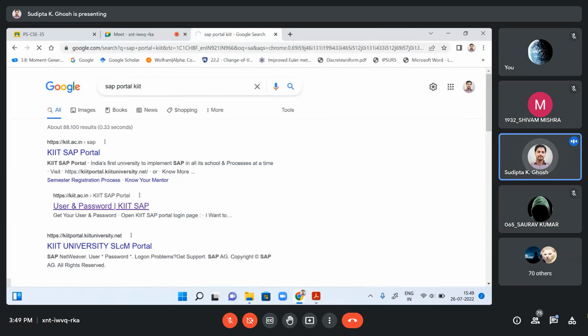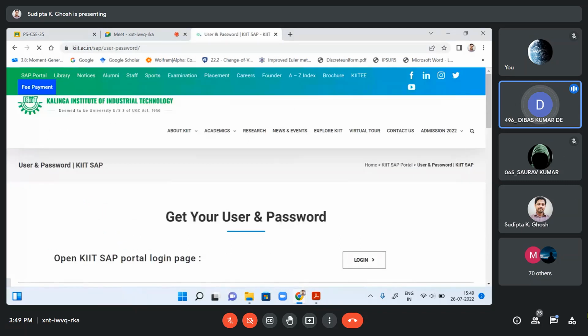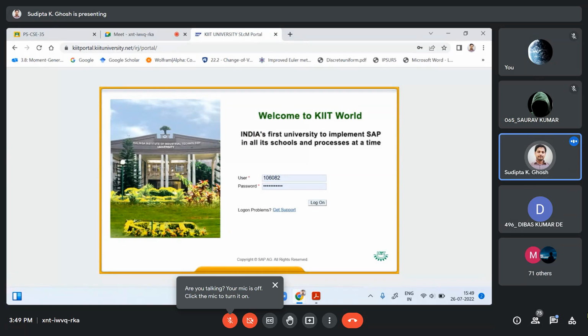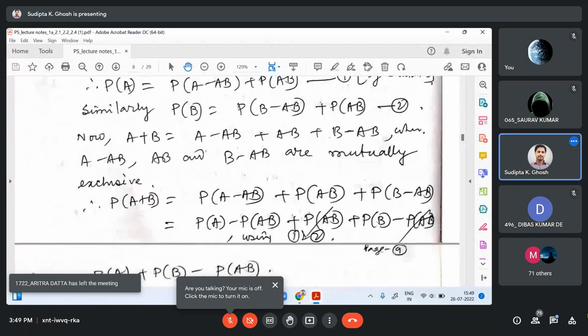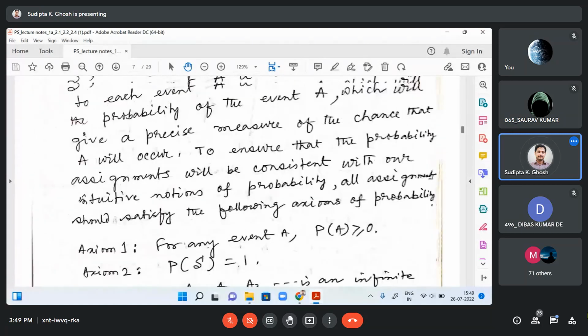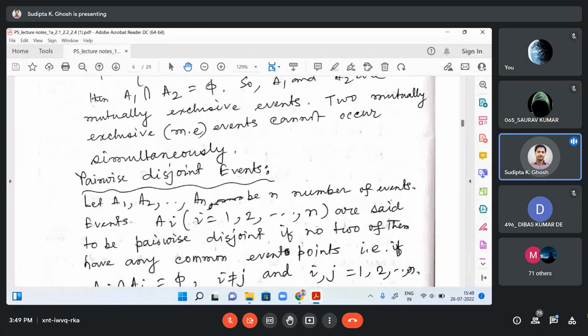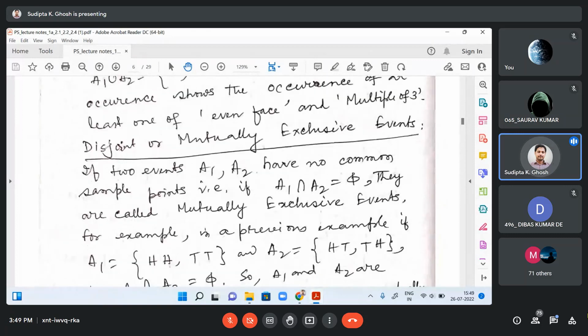So just give the attendance. Can you please give the difference between mutually exclusive and pairwise disjoint events? Disjoint events or mutually exclusive events, we are dealing with only for two events, A1 and A2.